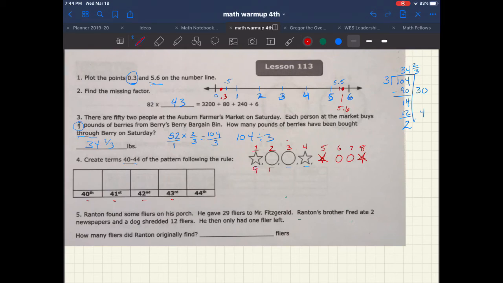So the 9 should still be a star. 10 would be a circle. 12, 13, 14, 15, 16. I'm just going to keep going here so we can see everything.